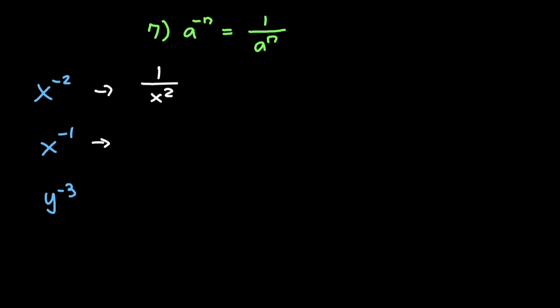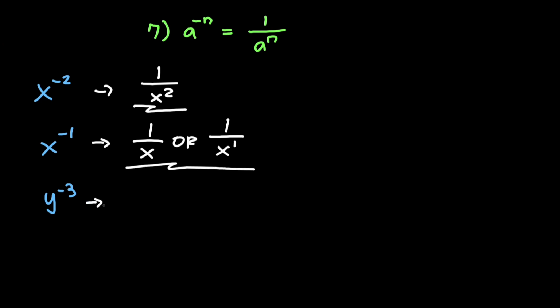X raised to the power of negative 1 would be 1 over x, or 1 over x raised to the power of 1. Y raised to the power of negative 3 would be 1 over y raised to the power of 3.